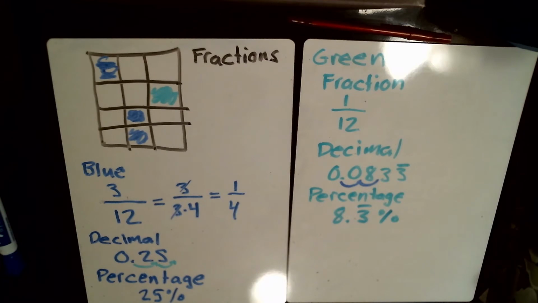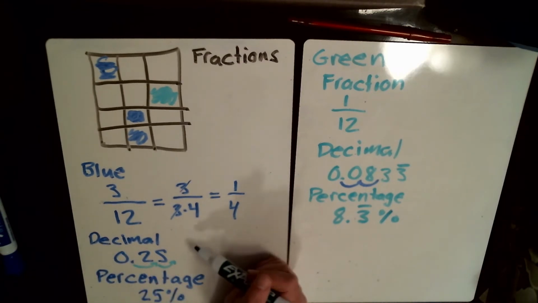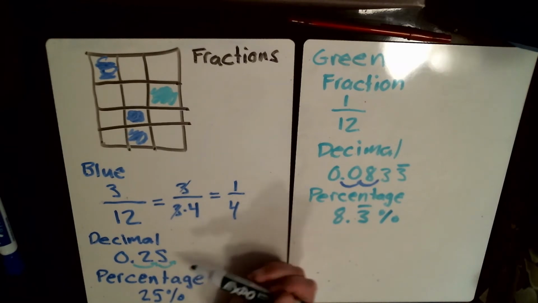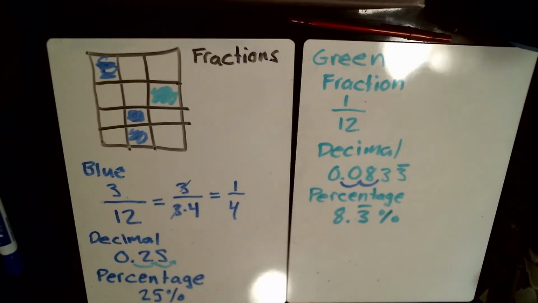Percentages show up a lot in interest when you have money in the bank, or other situations as well. Population growth and stuff like that. These all show up. Also probability, which is what we're going to be going over soon. So you just need to know the different ways that you can represent parts of a whole. Okay, those are fractions, decimals, percentages. They all mean the same thing, but they look a little bit different.